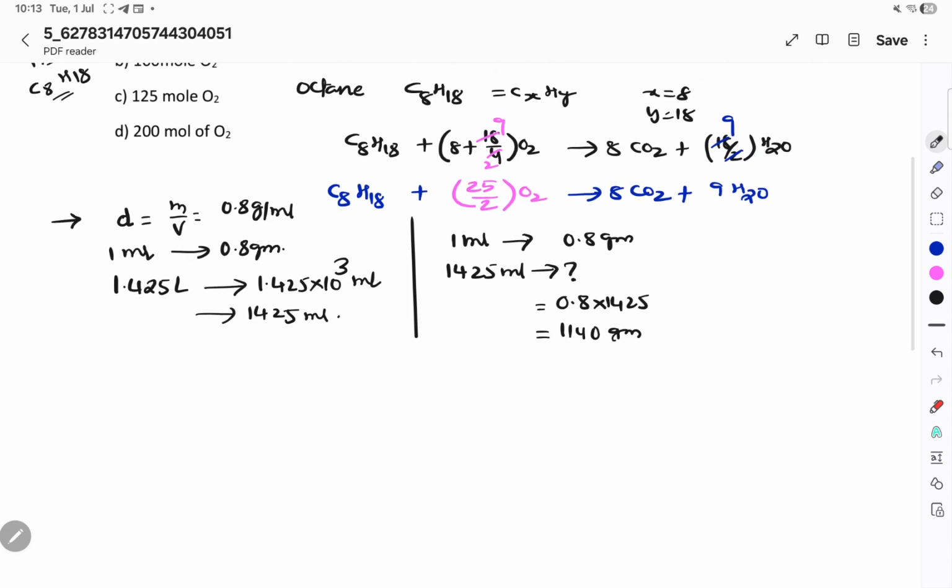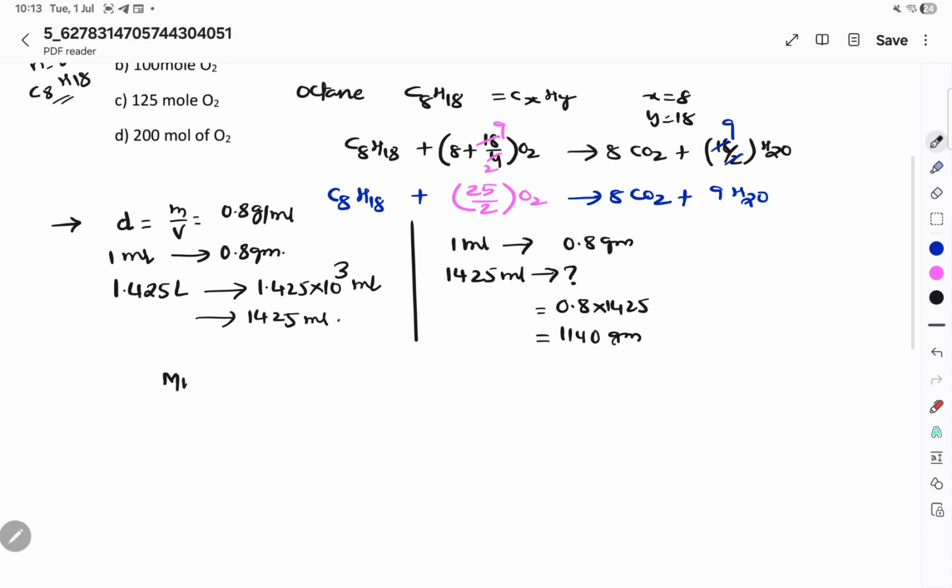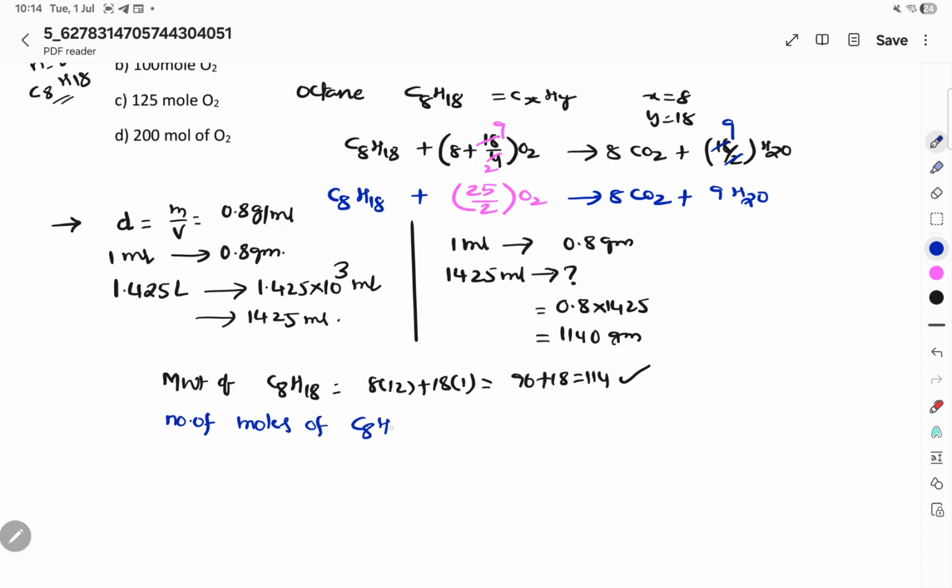Now, molecular weight. Molecular weight of octane, how much? C8H18 is equal to 8 into 12 plus 18 into 1, that is equal to 96 plus 18, that is equal to 114. Now you can calculate the number of moles of octane.